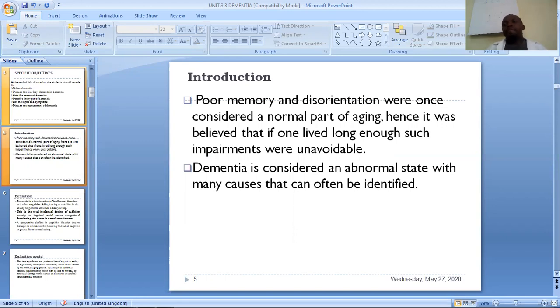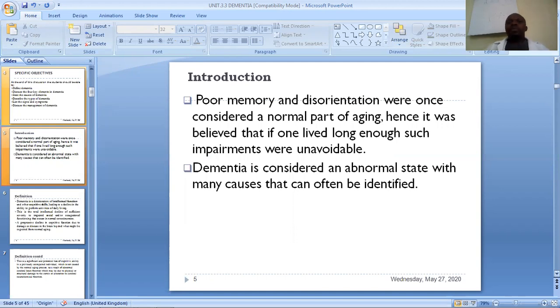So if the brain tissue degenerates, there will be some dysfunction in the way certain activities of daily living will be carried out because of an impairment in the functioning of the degenerating brain.